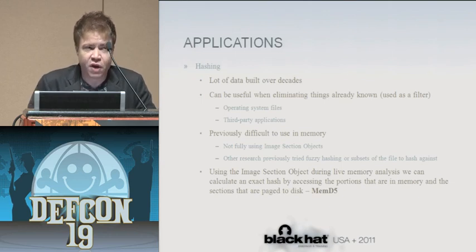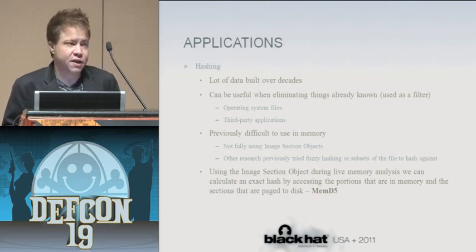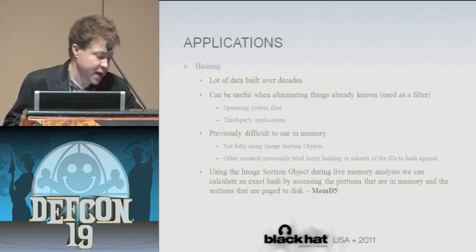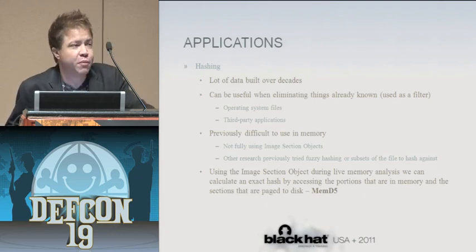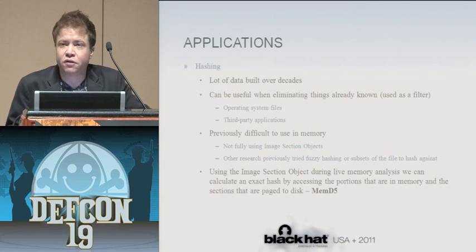There have been some efforts in the past, not my research, but others, who've done fuzzy hashing and different things like that in order to try to make the hash that's found in memory match the hash on disk. The problem with these fuzzy hashing techniques is we don't have the data going back years because they just take subsections of files.